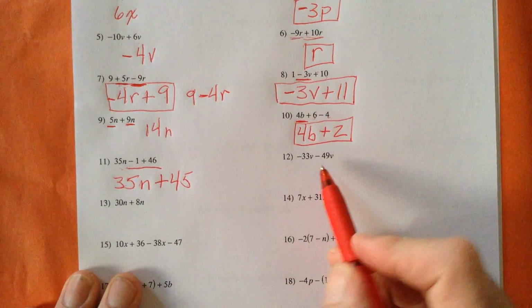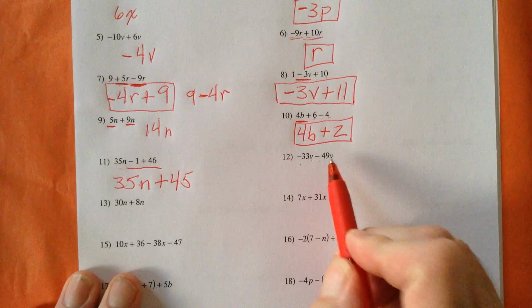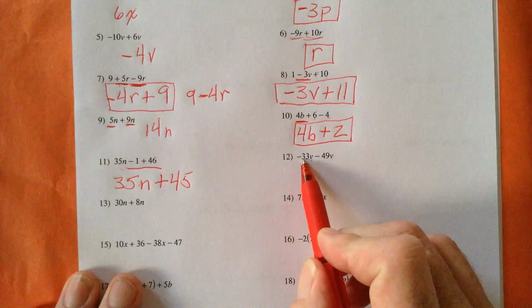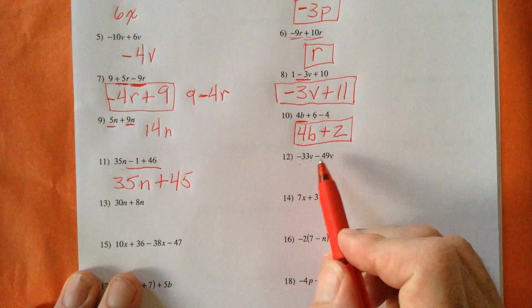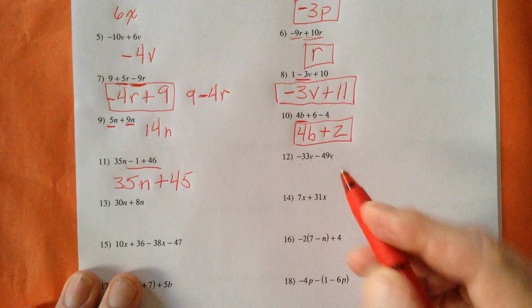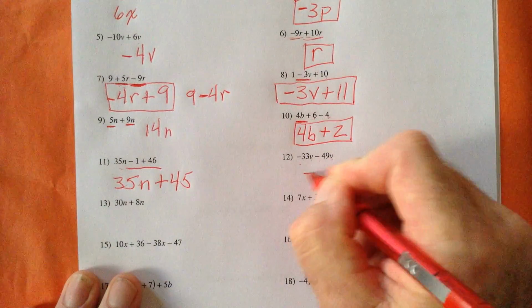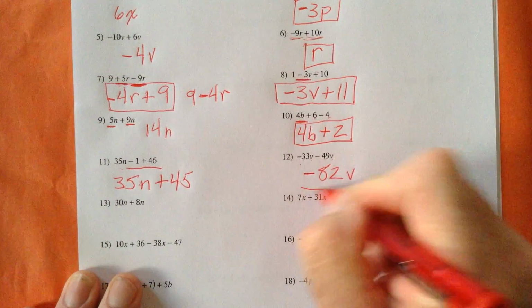Then here I got negative 33v minus 49v, so I can combine those. Negative 33v minus 49v would be negative 82v. That would be the answer.